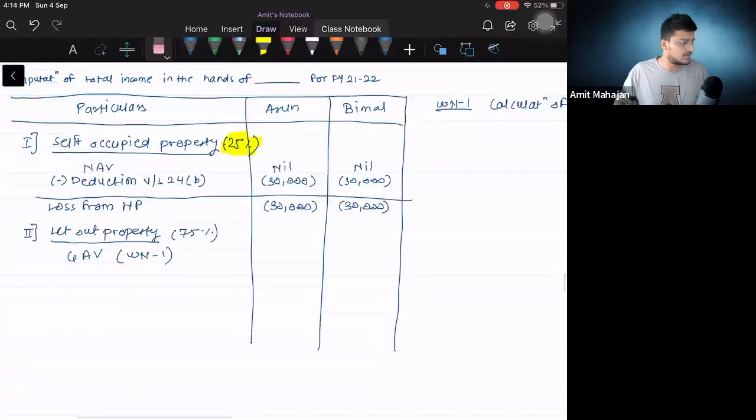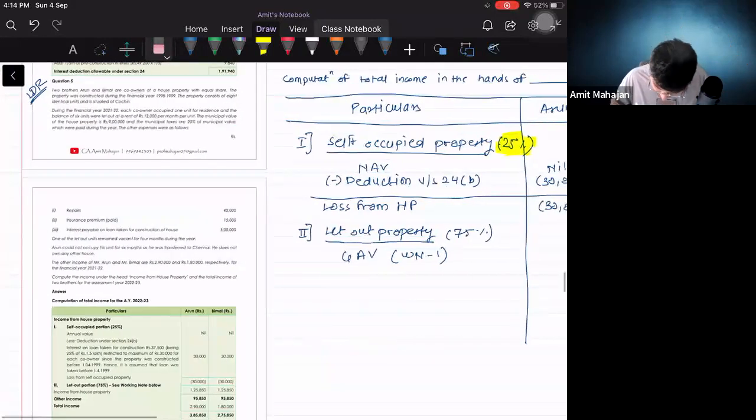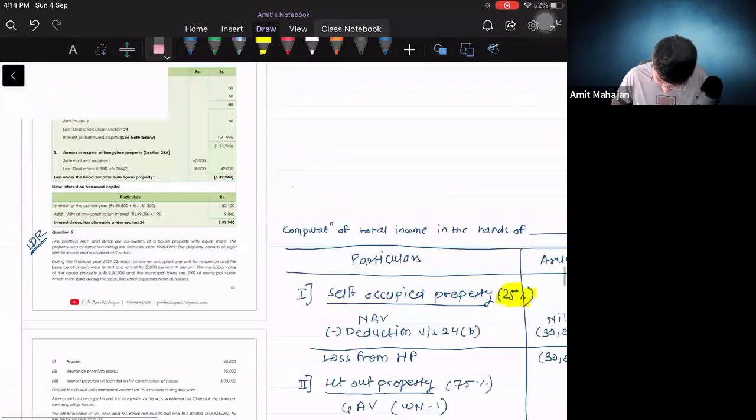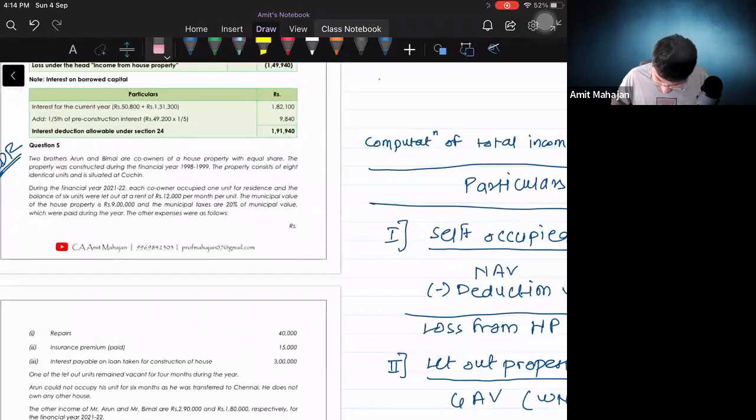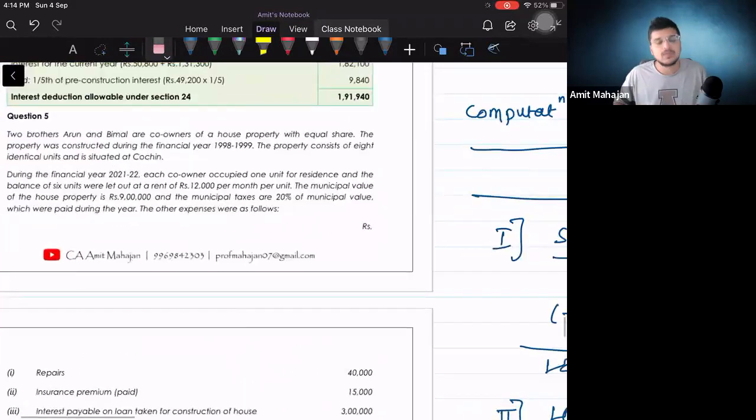Everybody clear till here? Any problem till here? Okay, now we'll compute for let out property. Now in the case of let out property, what comes first? First comes my MFS.